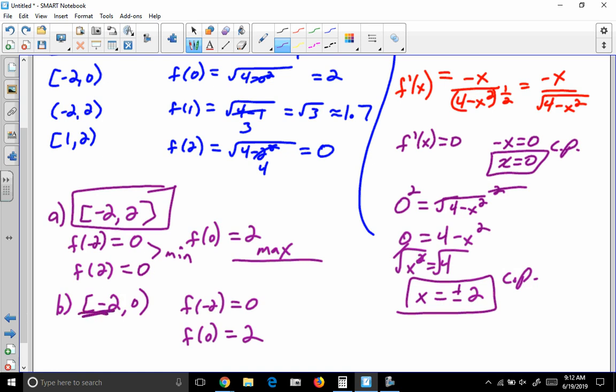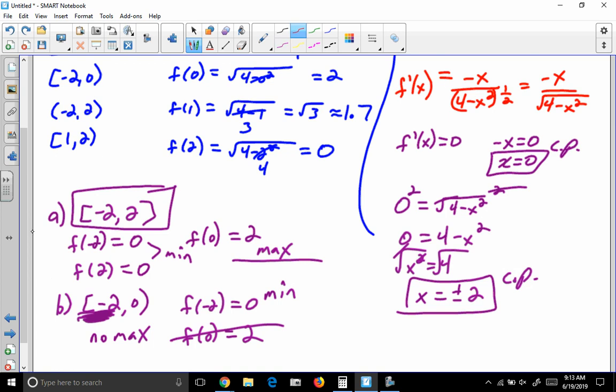Well, we still have -2 included, which is a minimum. We had a maximum at 0. Well, 0 is no longer included, so there is no maximum for this interval.